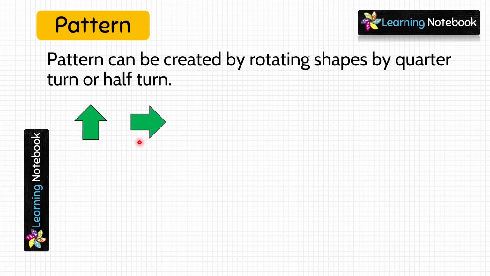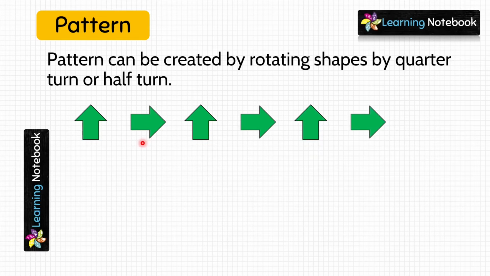Means let's move this by 90 degrees. So arrow will look like this. Now if we repeat these two shapes, then we can create a pattern using quarter turn as shown here. Right students?